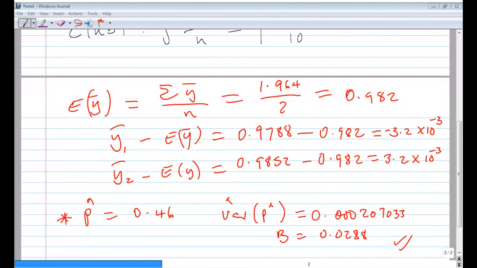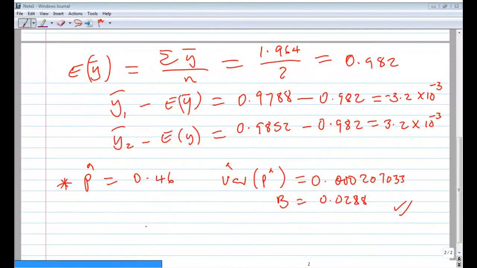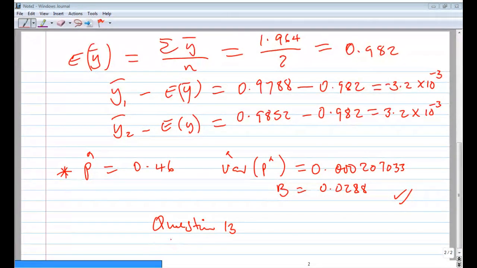Okay. Somebody says it's 0.095. Let me write it down. I didn't calculate that one. So, question 13. What about the estimated population proportion?